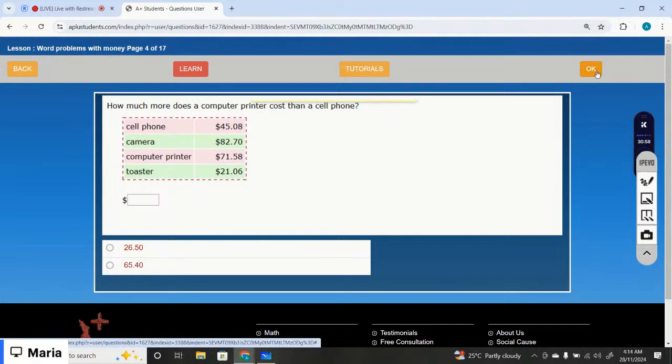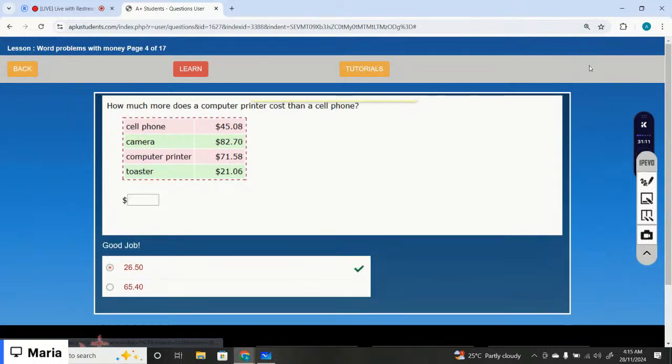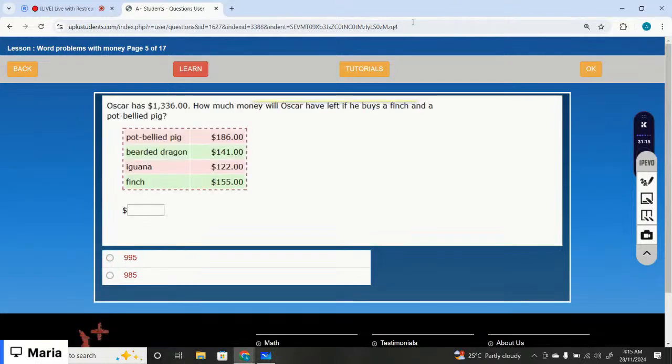So computer printer is 71.58, and the cell phone is 45.08. The correct option is 26.50. Option number 1 is the correct option. Okay, you can complete the lesson by yourself later today. Let me just move on to the next lesson.